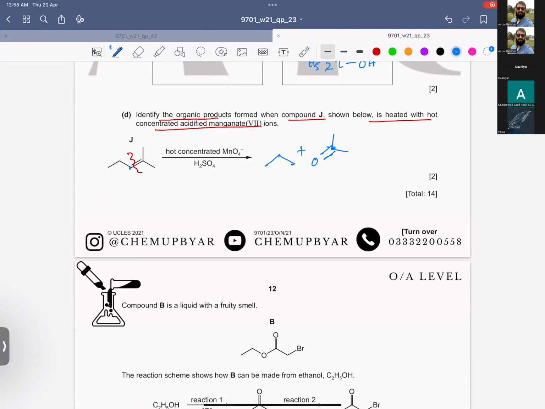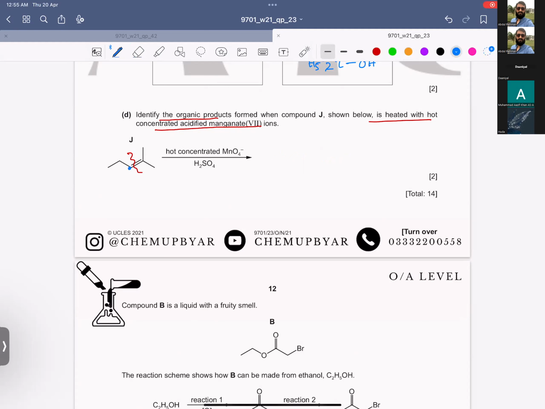So here it's a ketone, then it means it is a carboxylic acid.